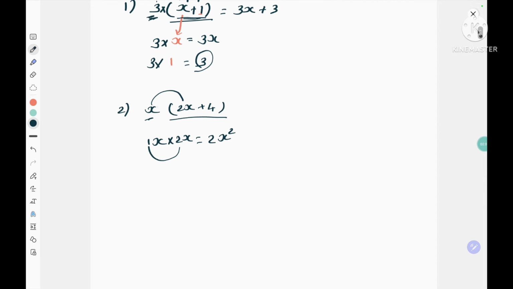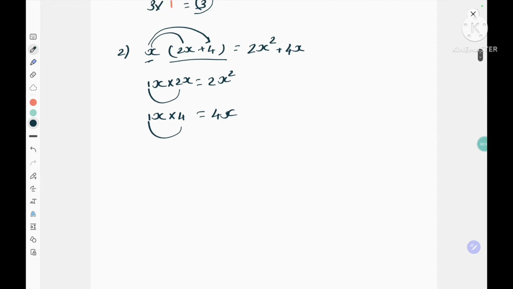Let's move to this x multiplied with the second term of the bracket, so x times 4. So in front of this x no number means we can consider 1, so 1 times 4 is 4x, okay. So this is the answer. So we could write it like this, 2x square plus 4x, okay.